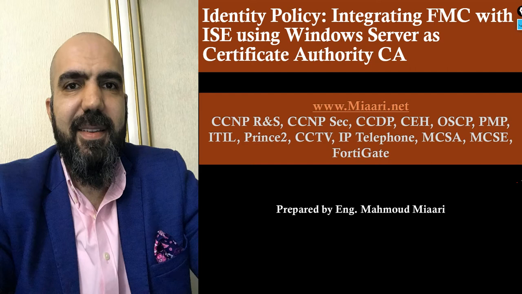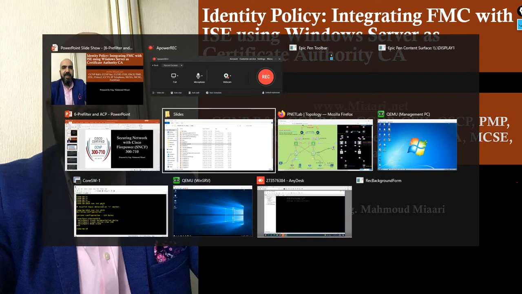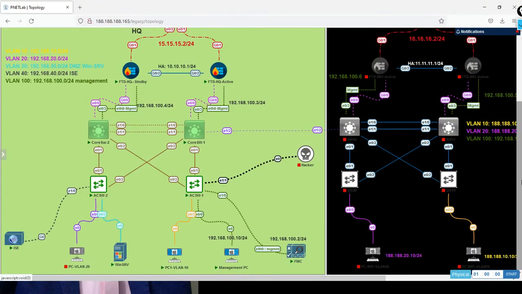Now, let me go to our topology and explain a little bit of theory about what we will do. Previously we had FMC, and we installed the user agent in a node or PC in our network.